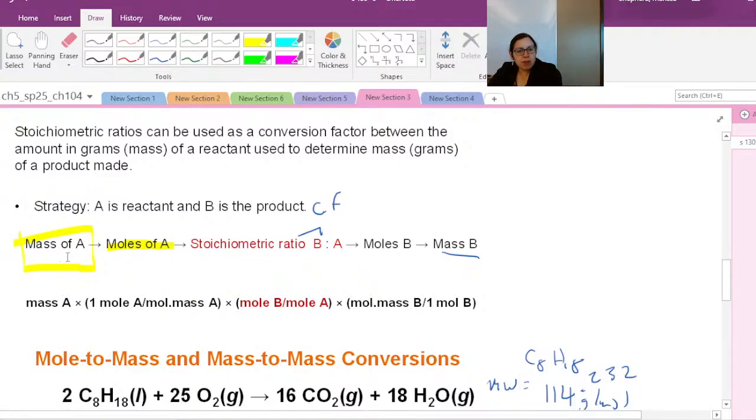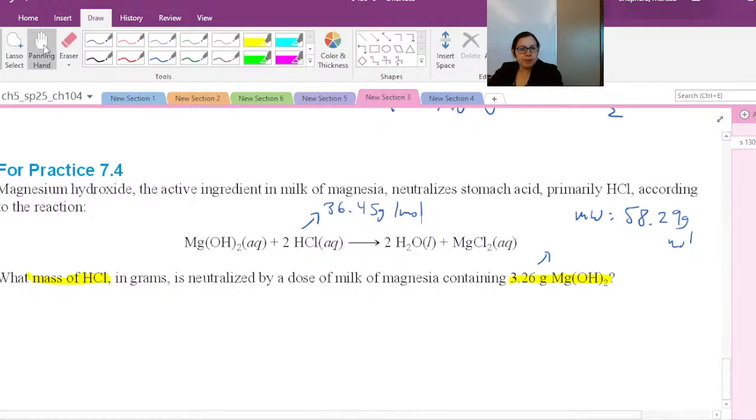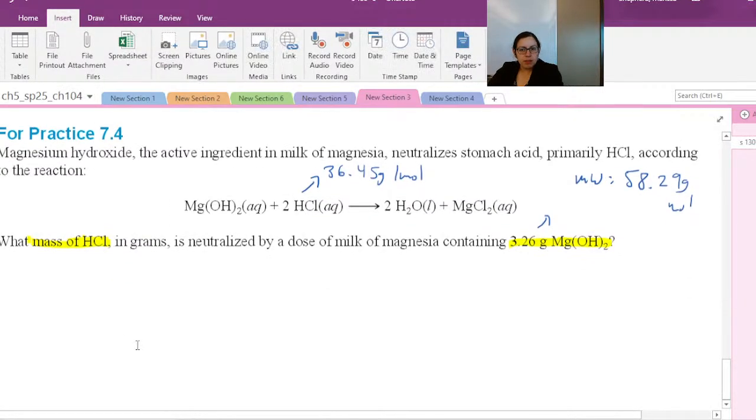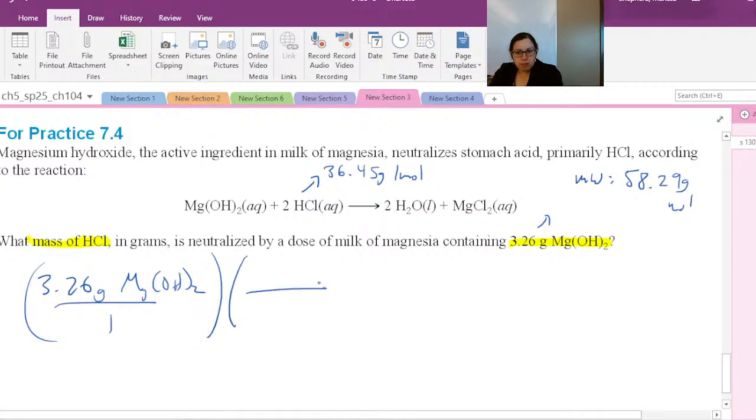Basically, we need to go from our mass of A, which is our magnesium hydroxide, to moles. So we divide by the molar mass of A. Then do our mole-mole ratio and go from there. So let's do that. We have 3.26 grams of magnesium hydroxide, so divide by the molecular weight.